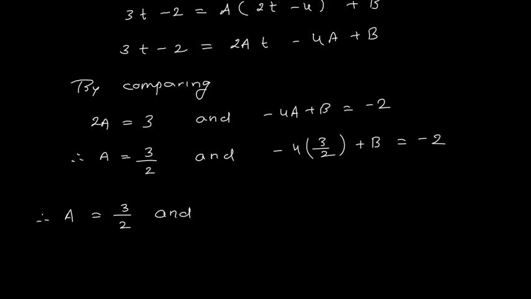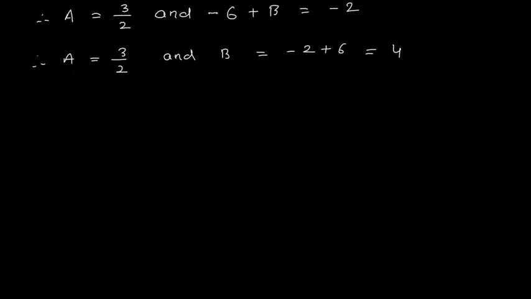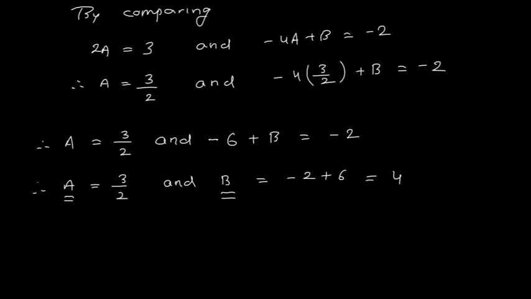Minus 6 plus b equals minus 2, so b equals minus 2 plus 6, which is 4. So the value of a is 3 upon 2 and the value of b is 4. We got the values of a and b.